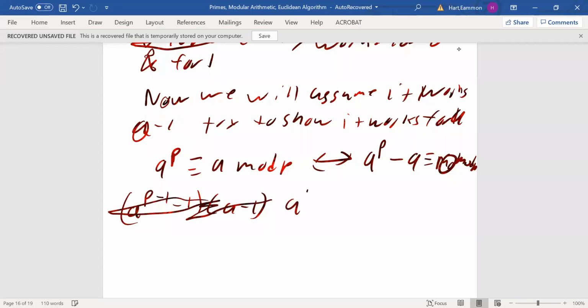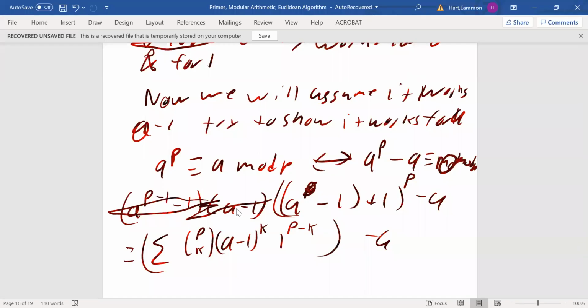We're going to write this as a minus 1 plus 1, to the p, minus a. So this is this guy. We can do our binomial expansion to turn him into, third time's the charm. My notes are a bit messy here. The p should be out here. So then I can expand that out just using the binomial theorem into this guy.